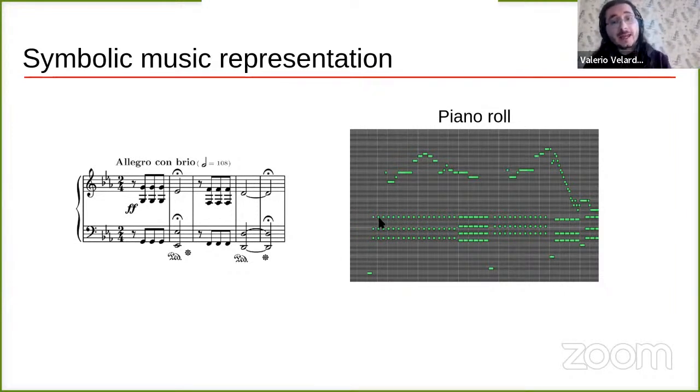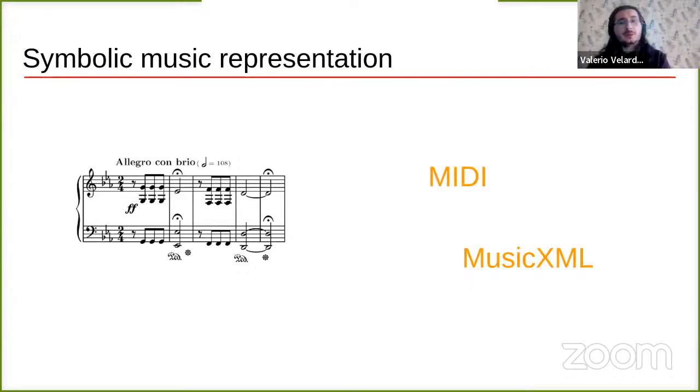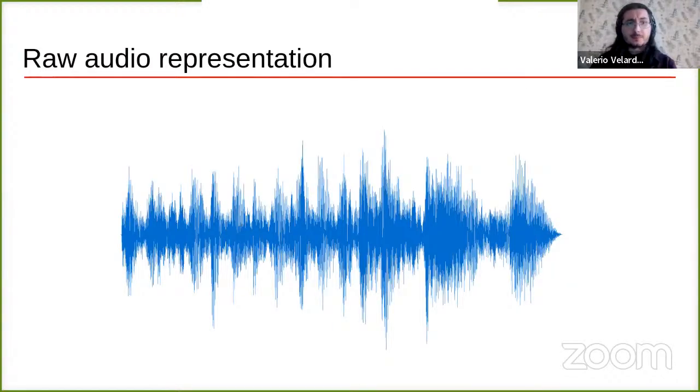Each event within this 2D space represents an event of a certain pitch at a certain point in time. But you can also use MIDI or MusicXML. All of these are symbolic representations of music, and you can use them to train your models.